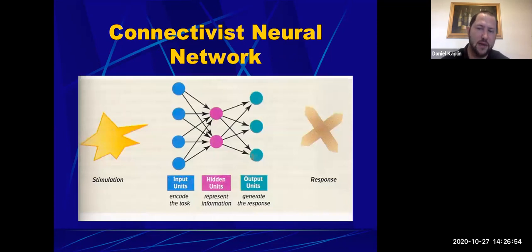All right, so again, here's your input, hidden aspect, your output, and then you have your stimulation response. So again, this is your environmental factor and the behavioral output. And you'll notice the beautiful sophistication on how things move from an input to an internal processing to eventually an output.